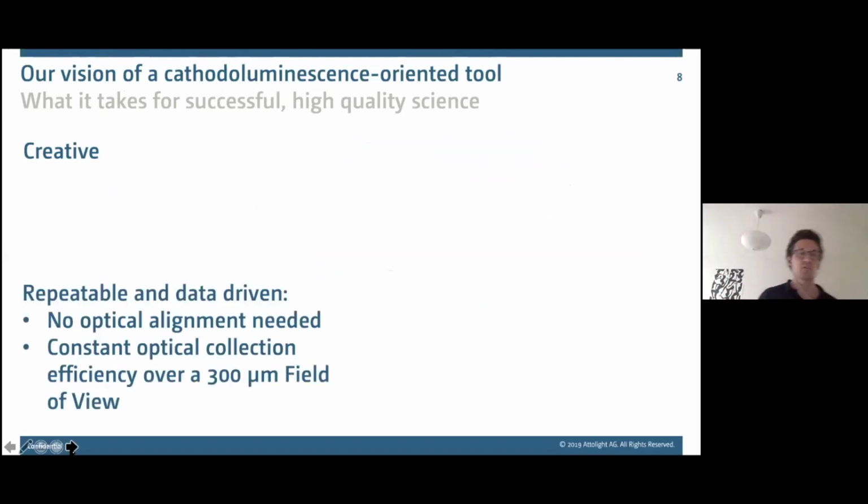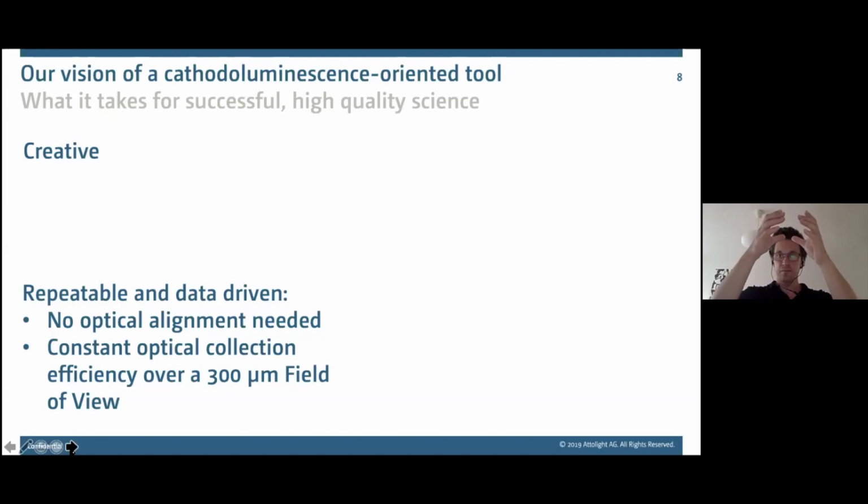But on our side, what we do is we are making our tool repeatable and data-driven, meaning we designed our tool to essentially contain the collection optics of the optical part of the microscope.